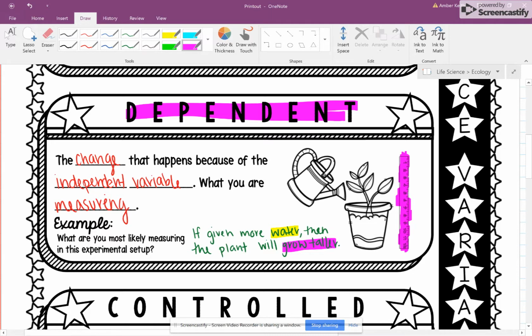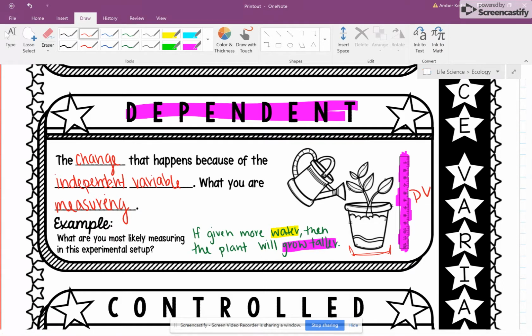Okay, and measuring the plants. So that is our dependent variable. We are measuring the height of the plant as it is given different amounts of water. So we would have many trials of this, meaning many plants in many different pots.